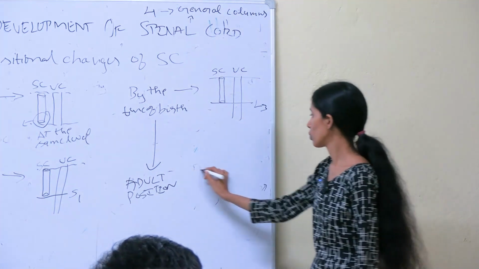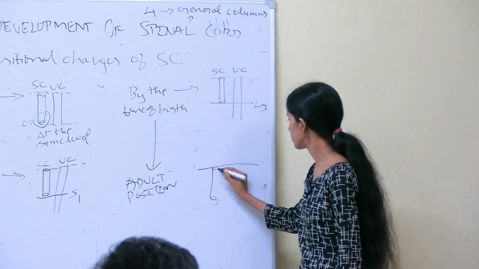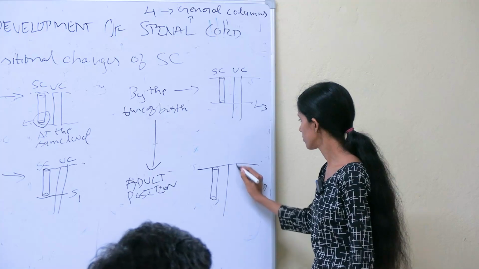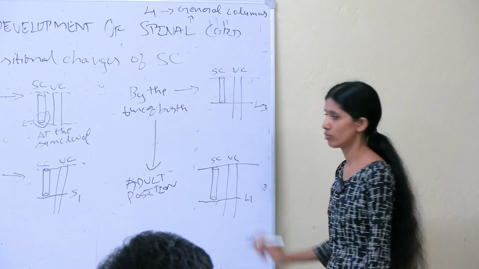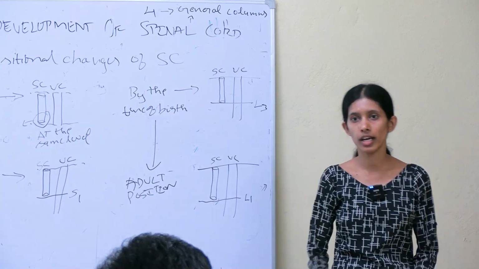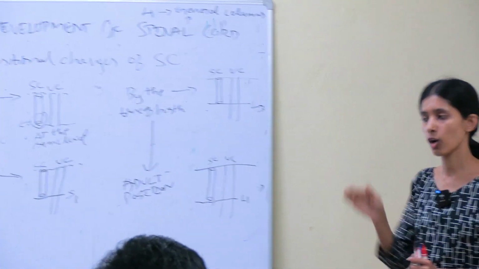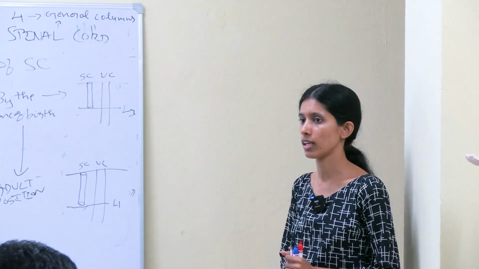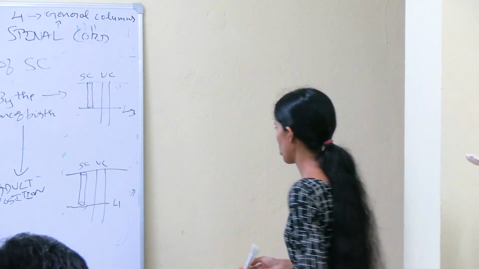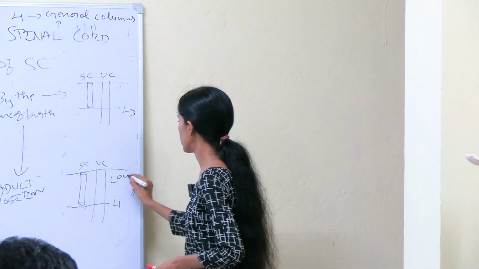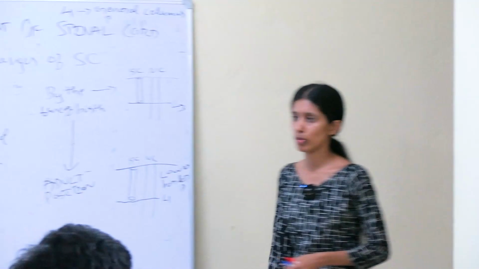In adults, the caudal end of the spinal cord is at the level of the lower border of the L1 vertebra. Remember the point, lower border of L1 vertebra. This is the final position.